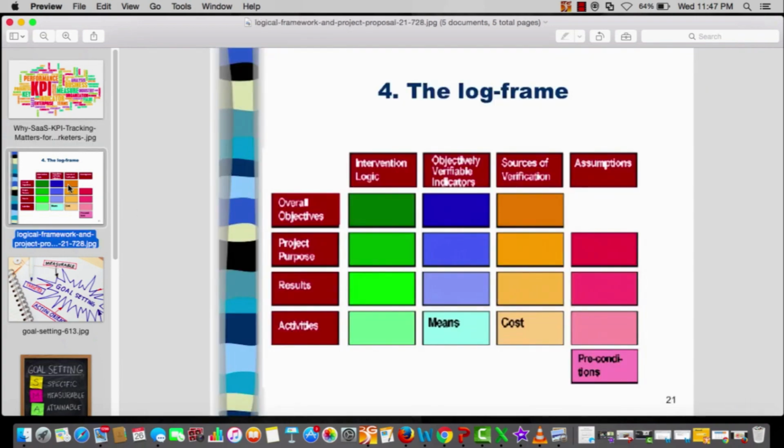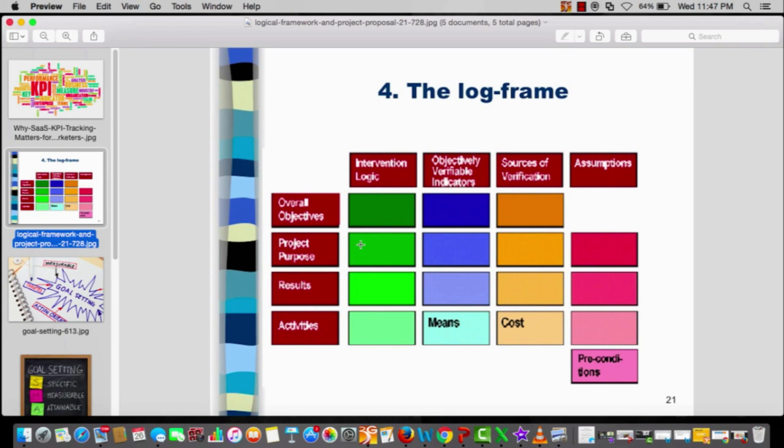Now, in M&E practice, you discover that it's always important, this is just a must-have. Every program and project must have a log frame. Now, in the log frame, you discover that there will be the objectives of the project listed down here.